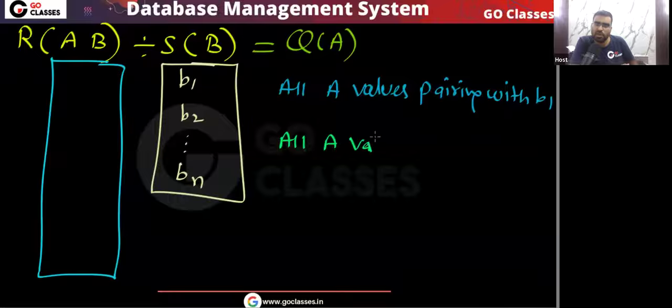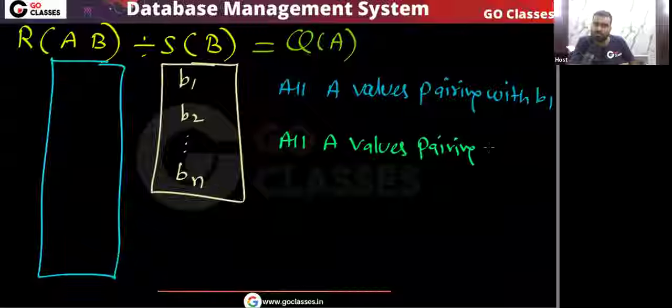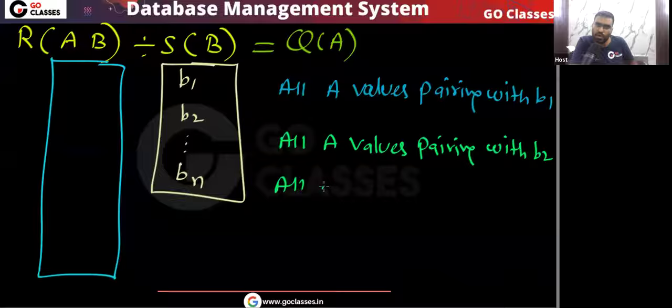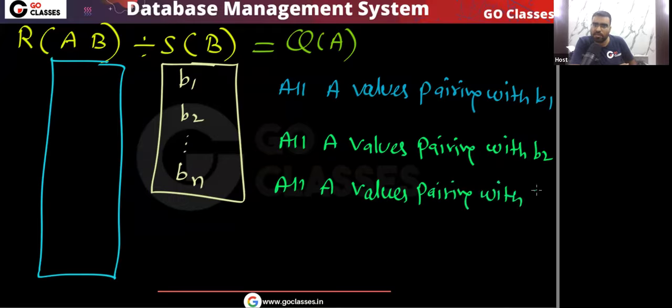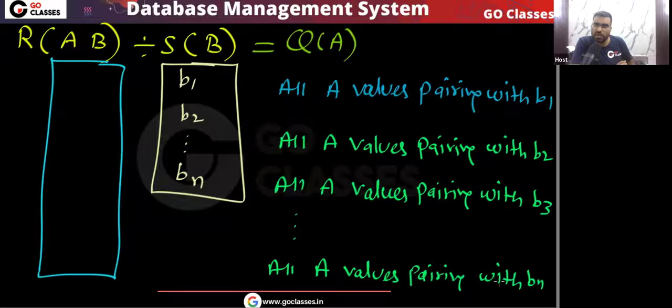Which A values are pairing with B2? Then I will find all A values which are pairing with B3, and so on, and so on. I will find all A values pairing with Bn.